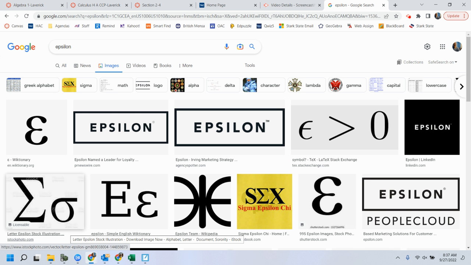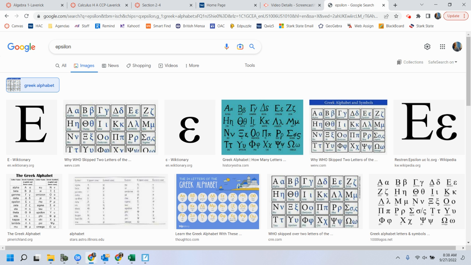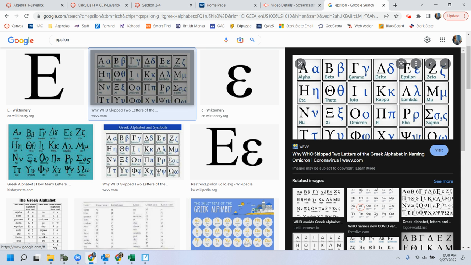That's sigma, not epsilon. Oh, that's why I don't recognize it. The capital letter epsilon is just a big capital E. So this is the lowercase version of epsilon, and that's the lowercase version of delta.